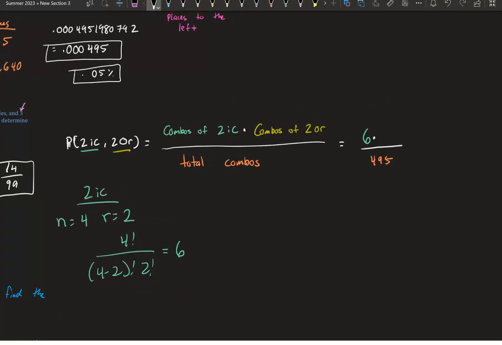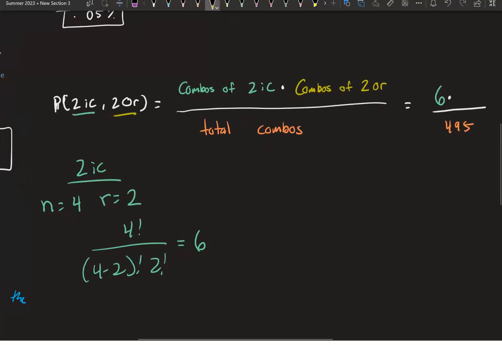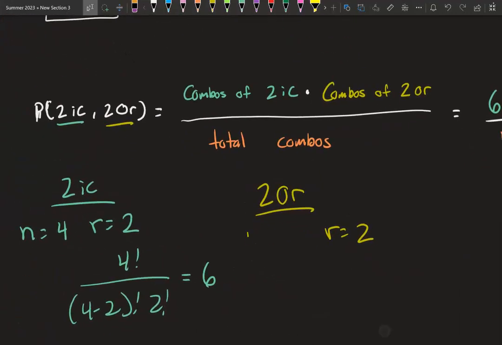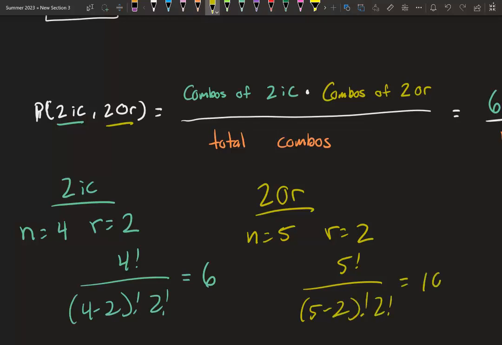Alright, now we need to do our combinations of Orville. So we're picking 2 Orville episodes, and total we have 5 to choose from. So that means we have 5 factorial over 5 minus 2 factorial, which comes out to 10.